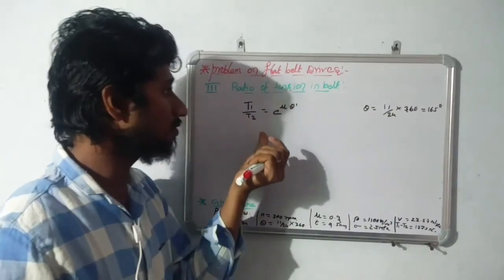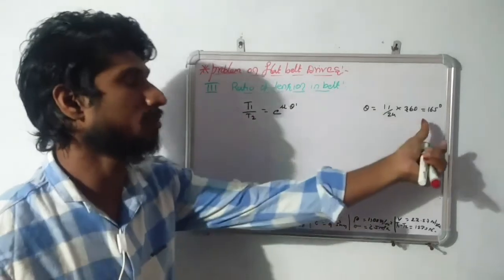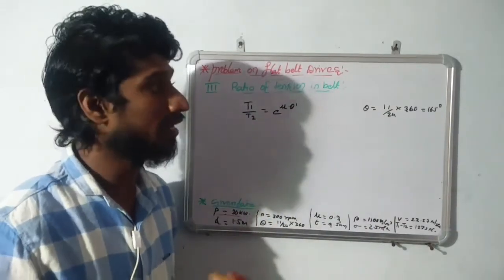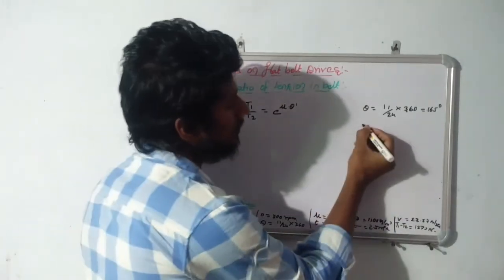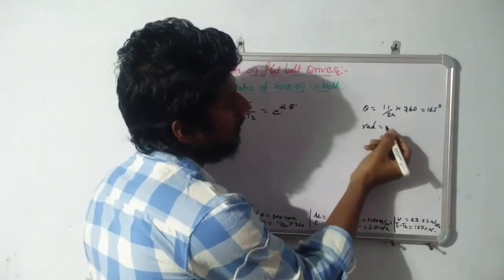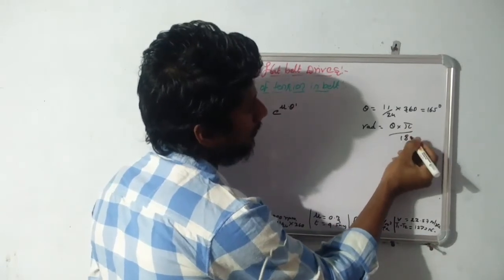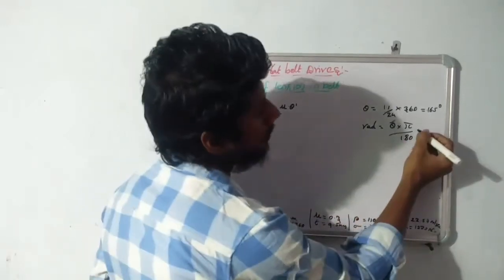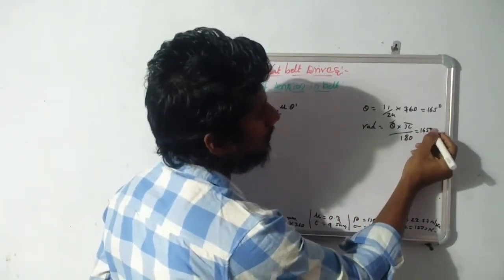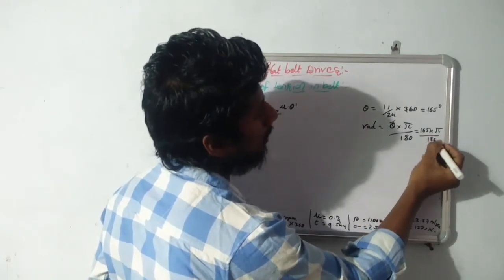So for the purpose of ratio of tension in the belt, it is better to convert theta from degrees to radians. So for that conversion, theta into pi by 180. So here we know what is the value of theta, substituting that value here, 165 into pi divided by 180.